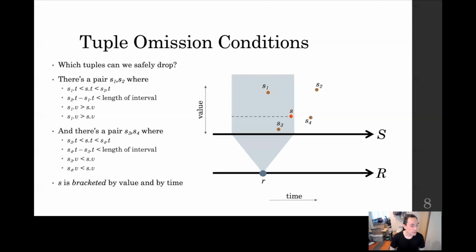You'll note that if there is some tuple, little r, that joins with s, no matter where r lands, we know that there must be at least one tuple from both the above and below bracketing pair that also joins with it. Thus, no matter where r lands, s is superfluous, under the condition that s joins with r.